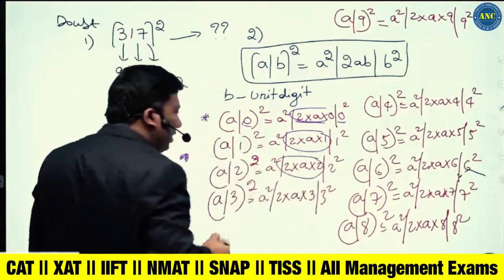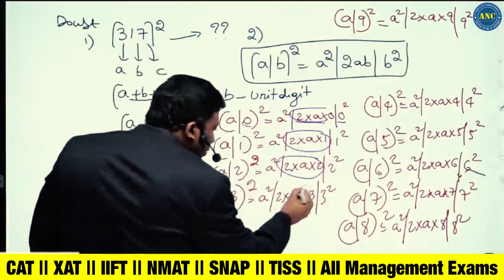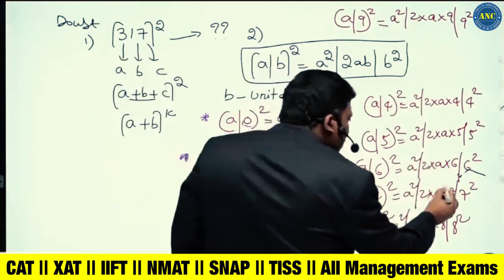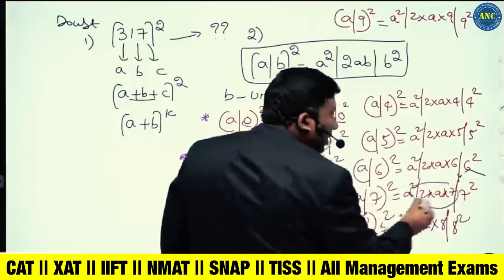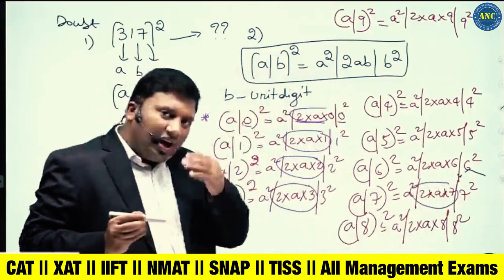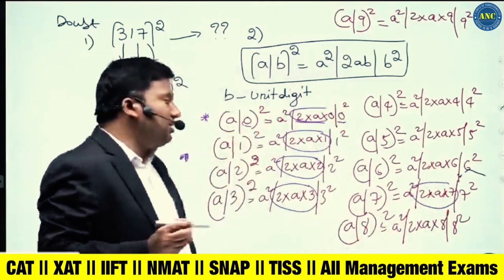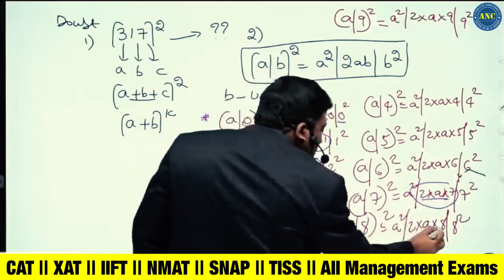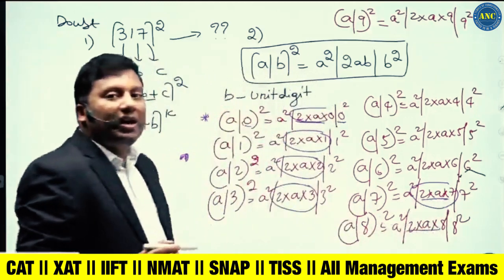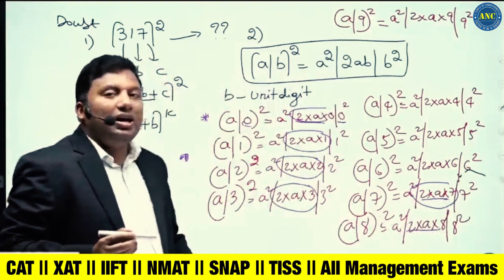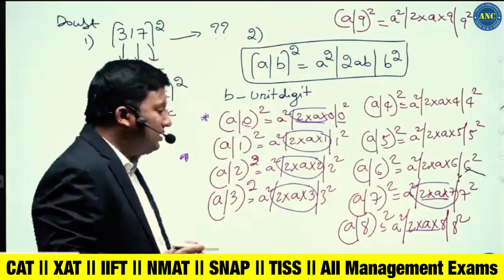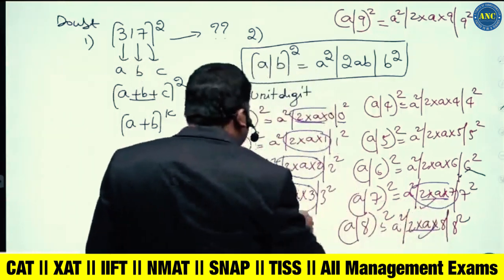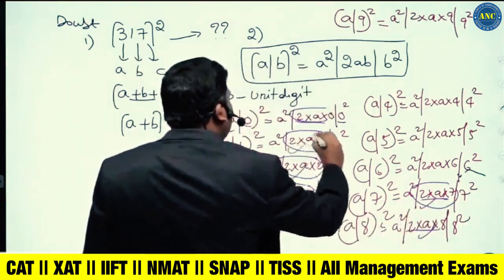For 7, 7 square is 49, I will write 9, 4 carried. 4 is even, even plus even is even. 8 square is 64, write down 4, 6 carried. 6 is even, even plus even is even. So this is even.